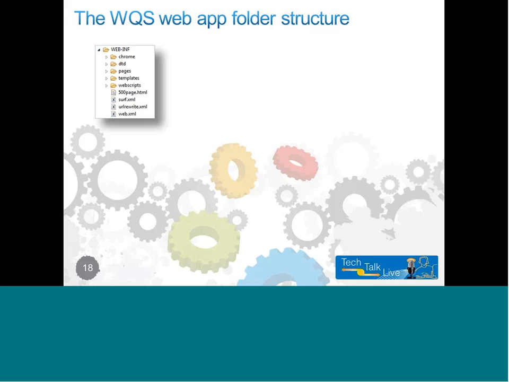So this is the webinf folder of the example website. The subfolders that we're going to be looking at here are pages, templates, and web scripts. So a template in Surf terminology is like a layout.